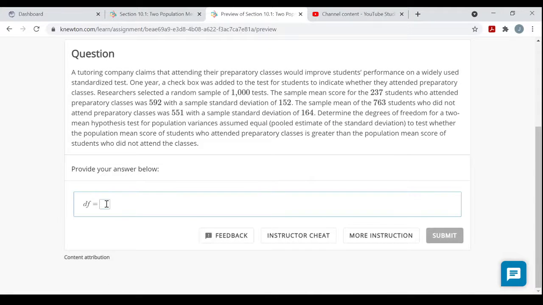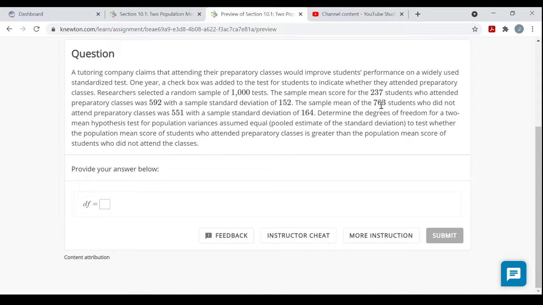So again, in order to determine the degrees of freedom for our t-distribution, the distribution of x1 bar minus x2 bar, the distribution of the difference of sample means, it's n1 plus n2 minus 2.